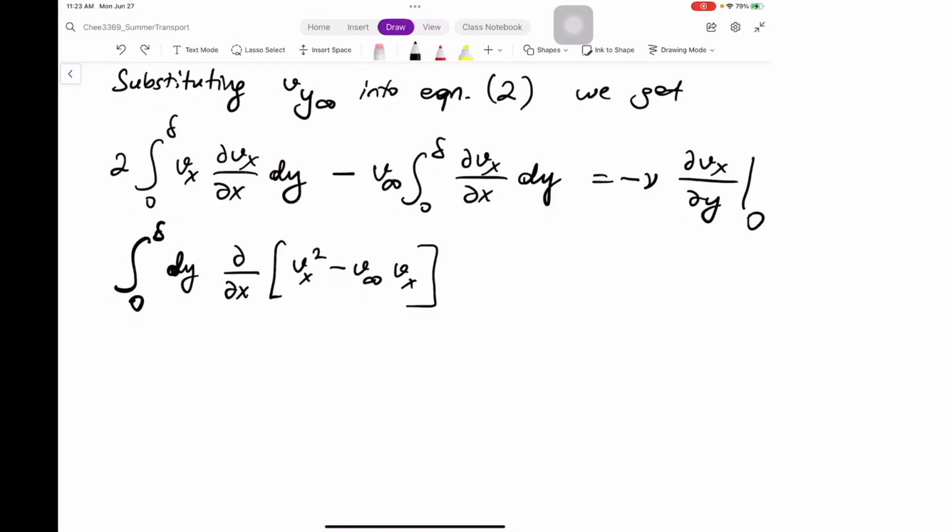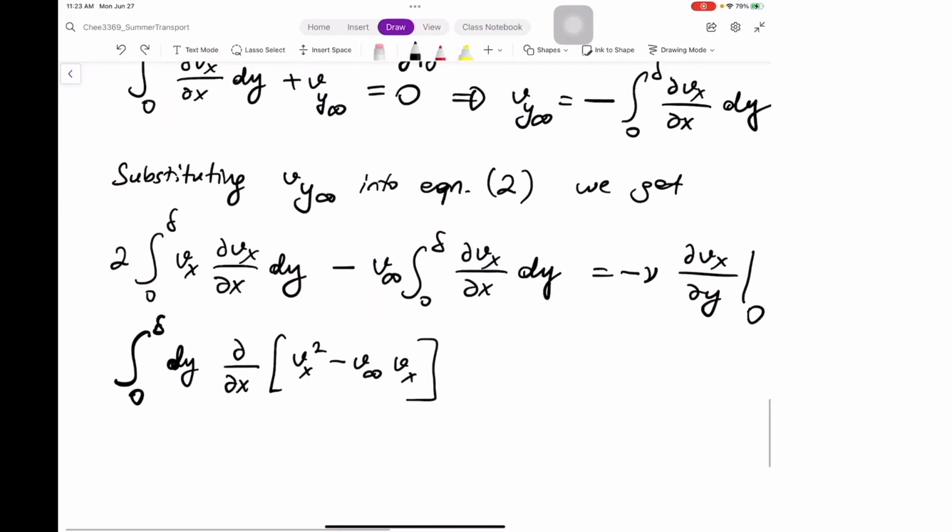Basically for this one, we are keeping the del over del x always inside the integral. And we might not be able to get it outside of the integral just because there is this delta which actually depends on x.